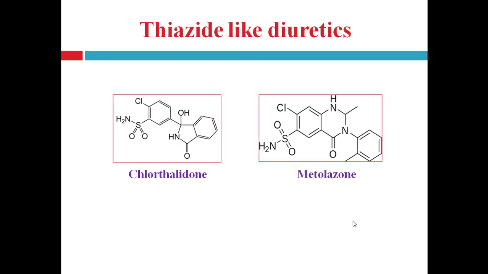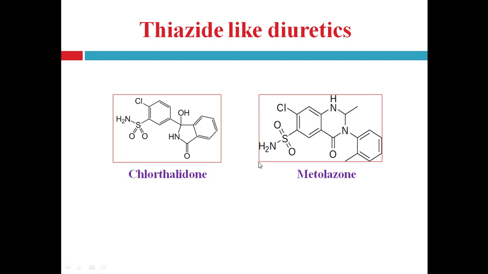Next one is thiazide-like diuretics, that is chlorthalidone and metolazone. These drugs do not contain the thiazide or benzothiazine ring, but they are similar in action to the benzothiazines.